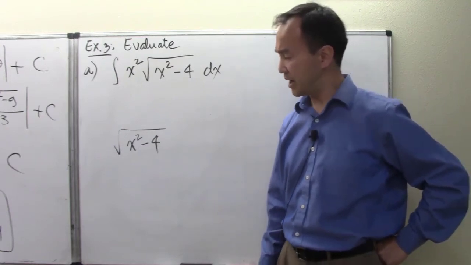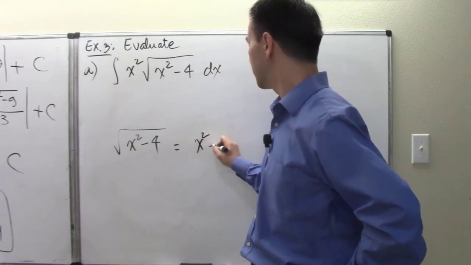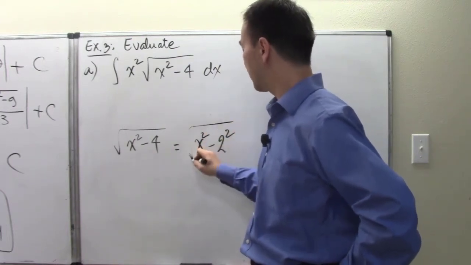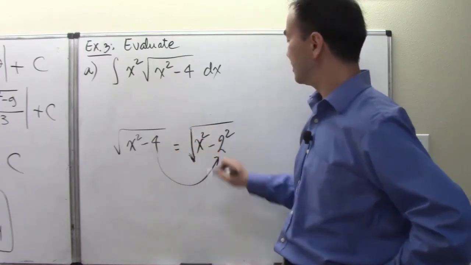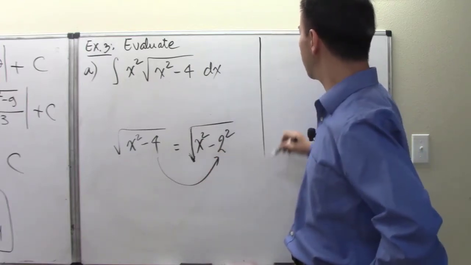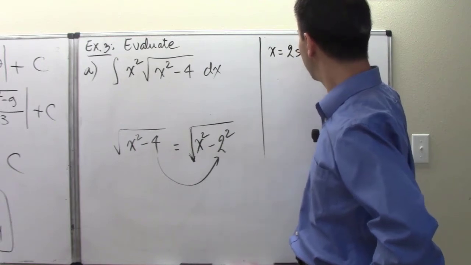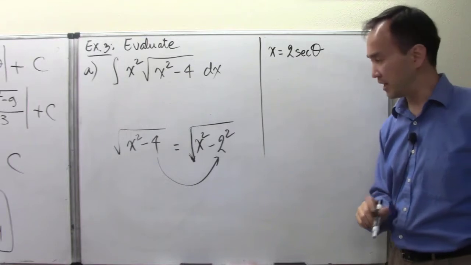And so in that way, here's how I see it. This 4 is the same as 2 squared. So this 4 is being seen as the square of 2. And so now clearly, just like the strategy that we have learned, I'm going to let x equal 2 secant of theta, because that's what I recognized about my expression here.